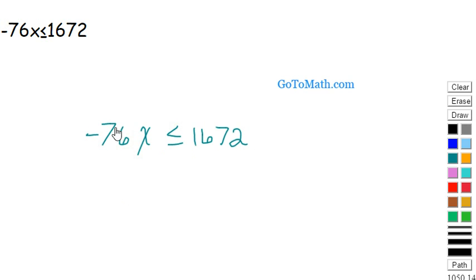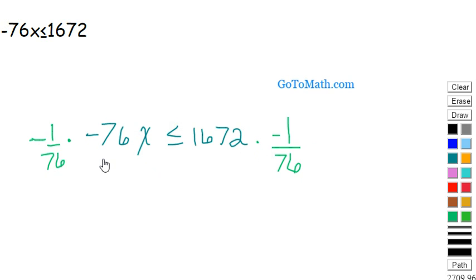What we're going to want to do is, of course, multiply through by the reciprocal of this number here, because we want to get a 1 in front of x, right? So let's go negative 1 over 76 to this side, and then negative 1 over 76 to this side over here.